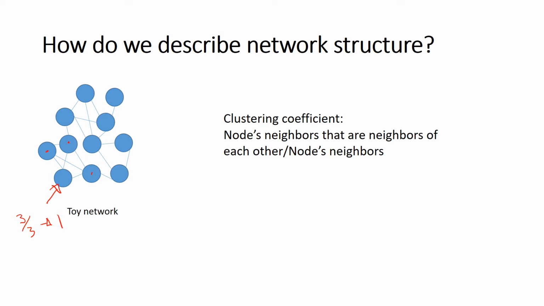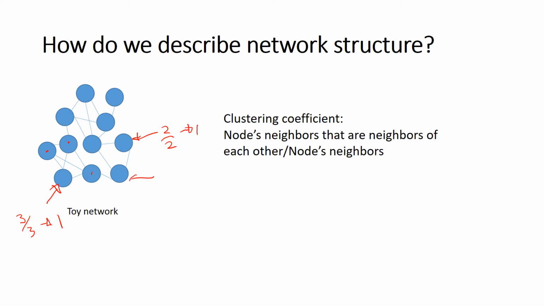Now maybe I take a look over here at this triangle group. I'm going to look at this node. And this node has 2 neighbors. Both neighbors are neighbors of each other, so also a clustering coefficient of 1.